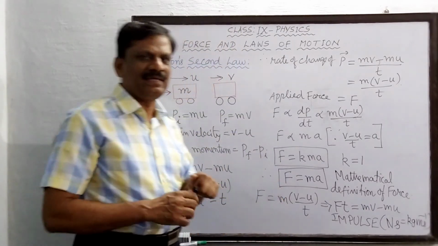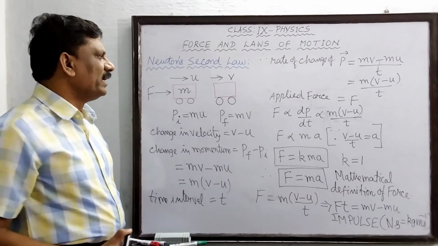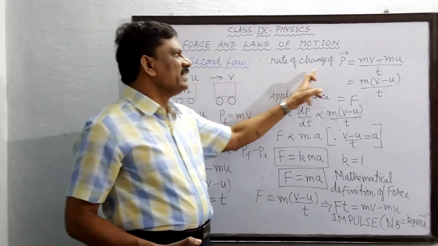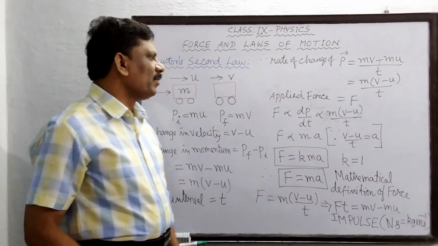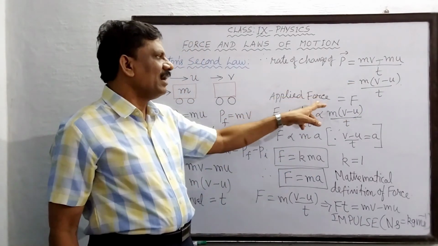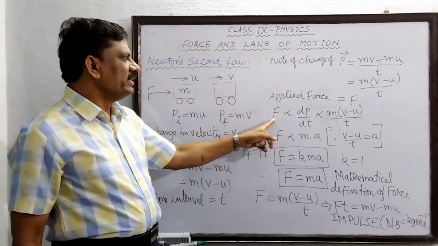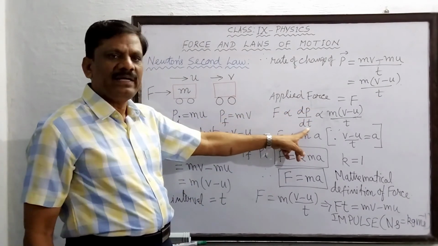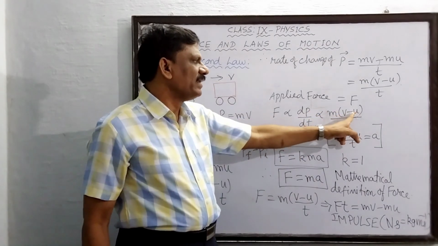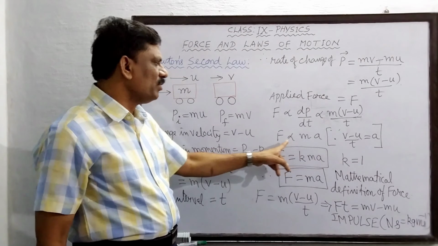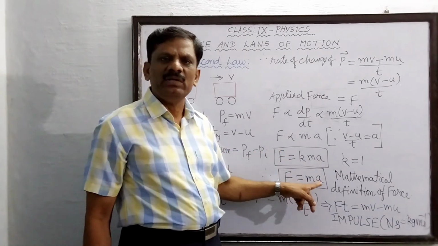So my dear students, let us summarize the statement of Newton's second law of motion. According to Newton's second law of motion, the rate of change of momentum of a body is directly proportional to the applied force acting on the body. So F is proportional to dP by dt, and if you substitute m into (v minus u) by t for P, finally we arrive at the equation F is equal to m into a.